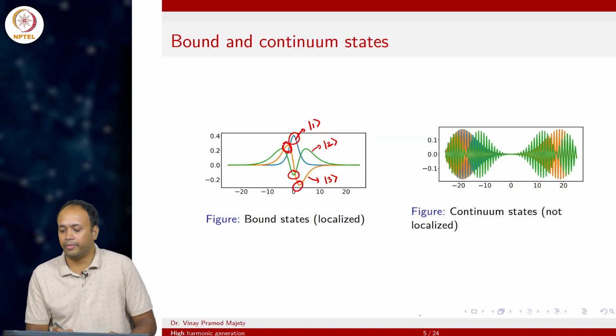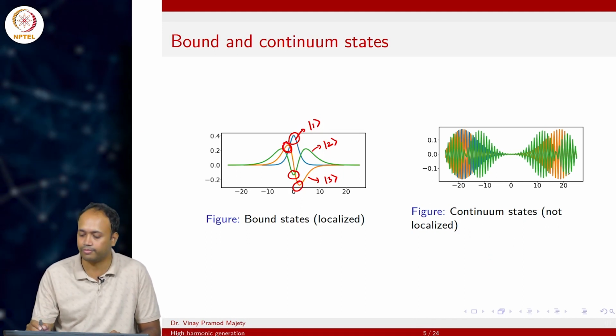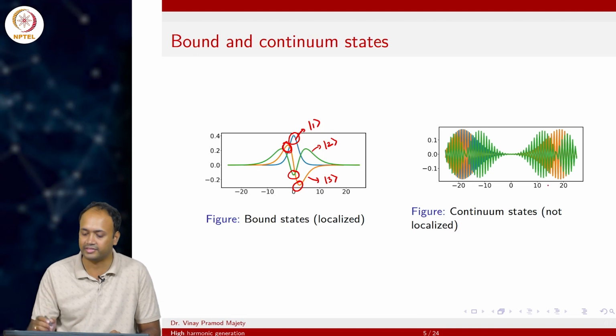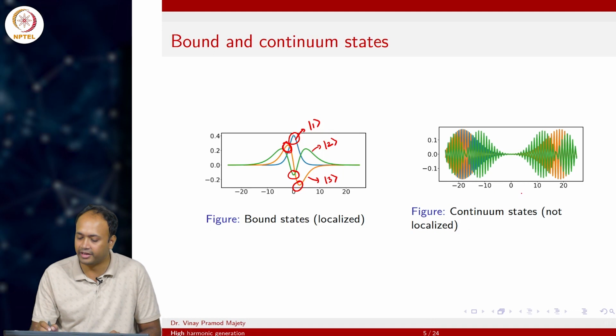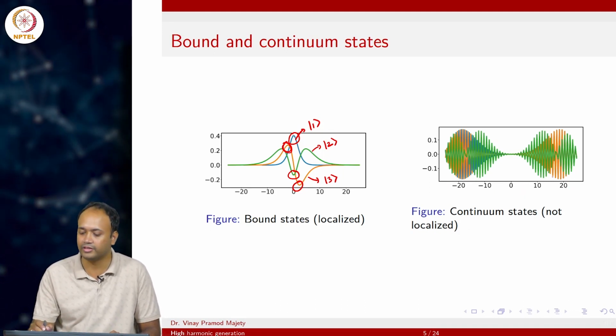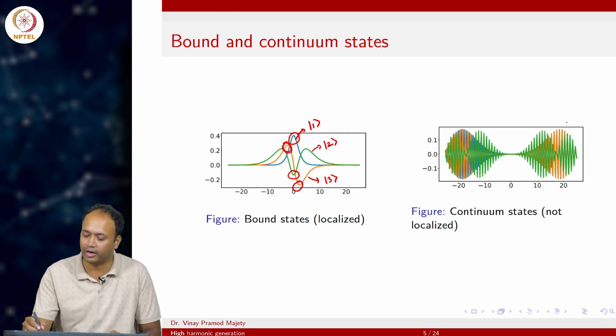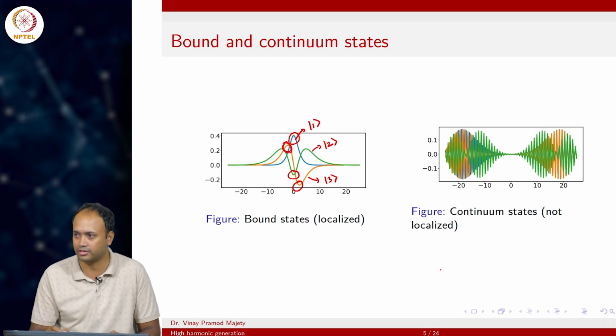Whereas if you look at these continuum states, which are the positive energy states, I have plotted a few of them. The exact ordering is not really important, but the main observation is that they are not localized. They are spread all over, and although you can define one particular global maximum, you see that this is an oscillating wave function.